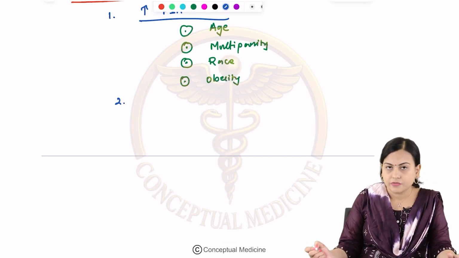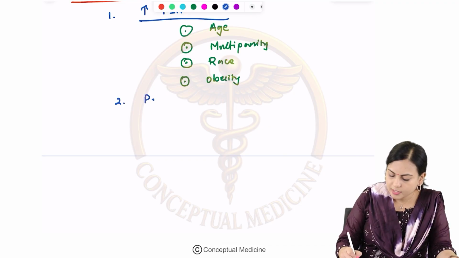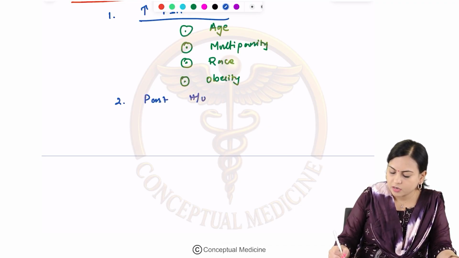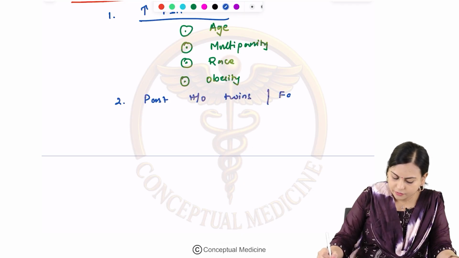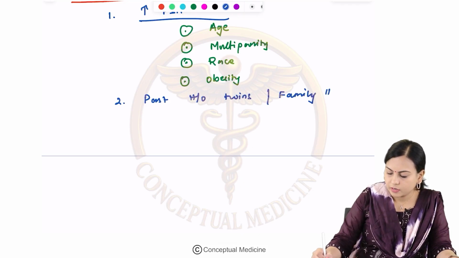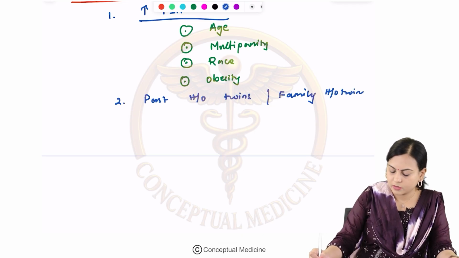The second high risk feature is when there is a past history of twins, okay, or even a family history of twins, okay.